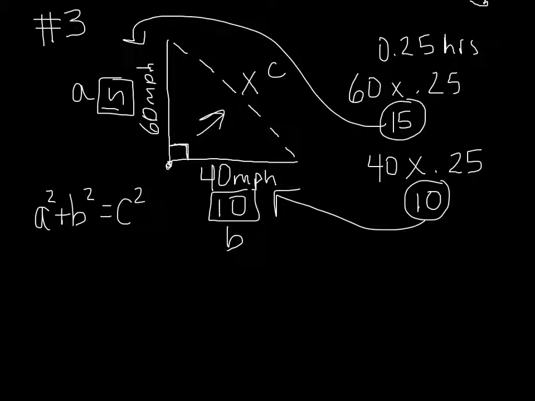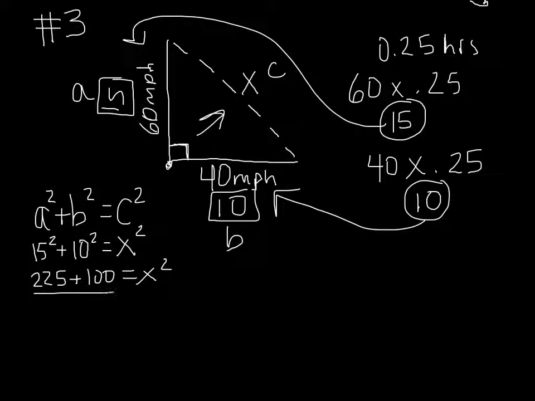So now we can just plug in. For a, we have 15 squared plus b, which is 10 squared, equals c, which is x squared. Now we simplify. 15 squared is 225 plus 10 squared, which is 100, equals x squared. Add those two together because they're on one side and we want to combine like terms.